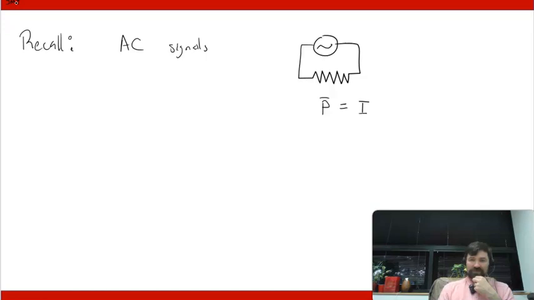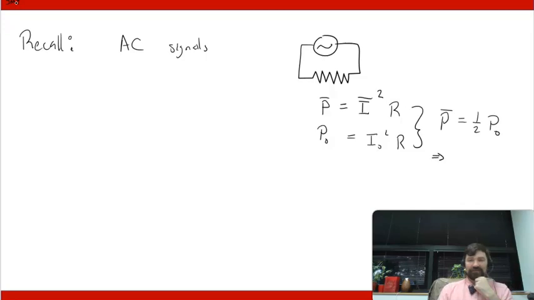So this was like I average squared times R. And we also had the maximum power, which was the maximum current squared times R. And from these two things, we were able to find that P average was 1/2 of P max, and therefore that I average was 1/√2 of I max. Okay, so this was all from AC signals.